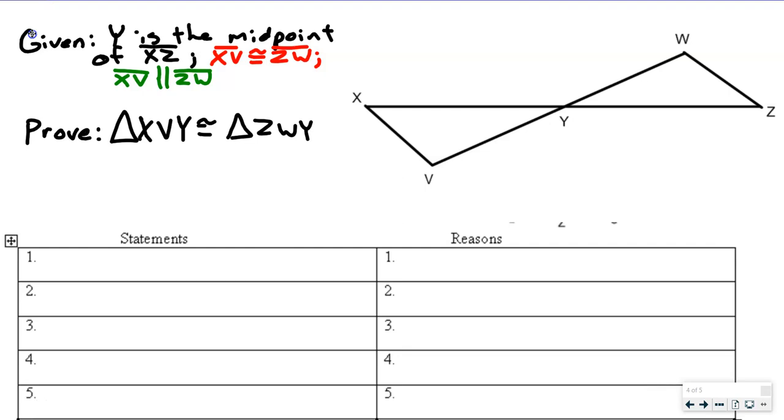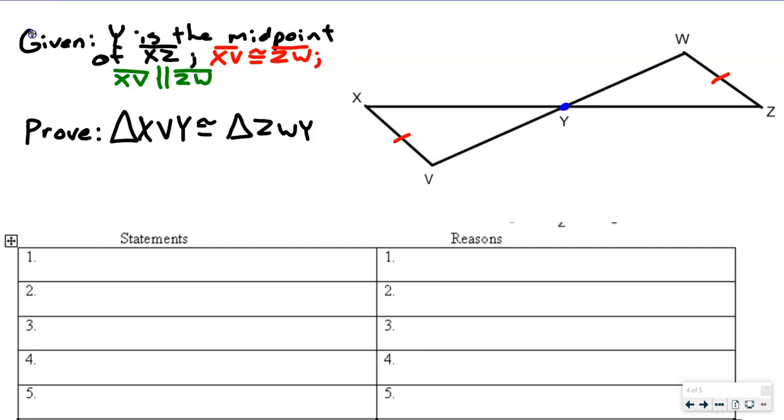Okay, let's put in our information on our two triangles on our image. We know Y is the midpoint of XZ. We know that XV and ZW are congruent.